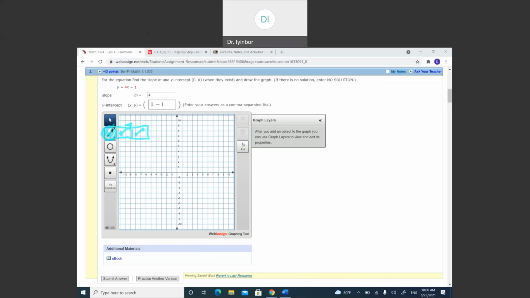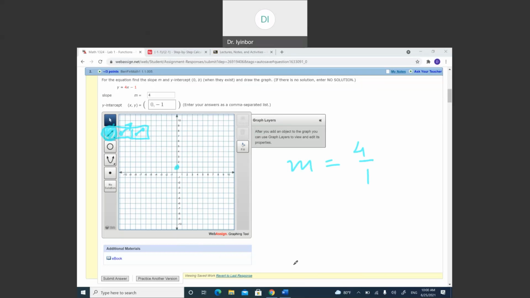Then you're going to click on 2 points. The first point is going to be (0, -1), right here. That's your y-intercept. Then you need one more point, and you're going to use the slope to find the second point. The slope is 4 over 1, and if you remember, the slope is rise over run.